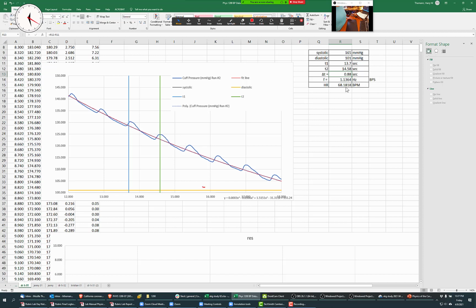And what is the BPM here? 68. And the actual was 72. In fact, this one here could move up a little bit. Let's say 13.75. And look at that, 72.2.